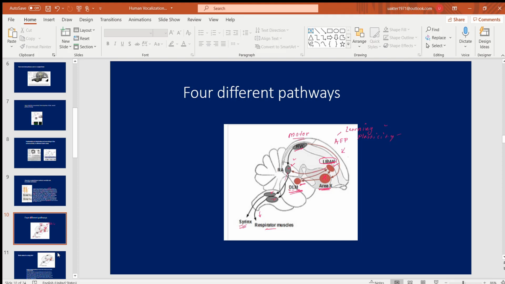Now, as I mentioned before, studies deactivating parts of the neural circuit for songbirds via lesion tell us the functions of different areas, right?